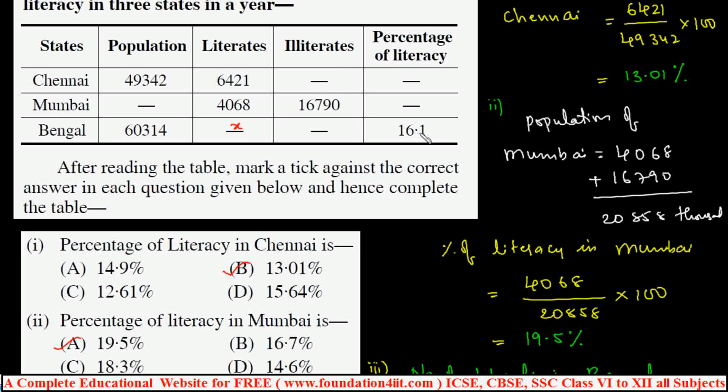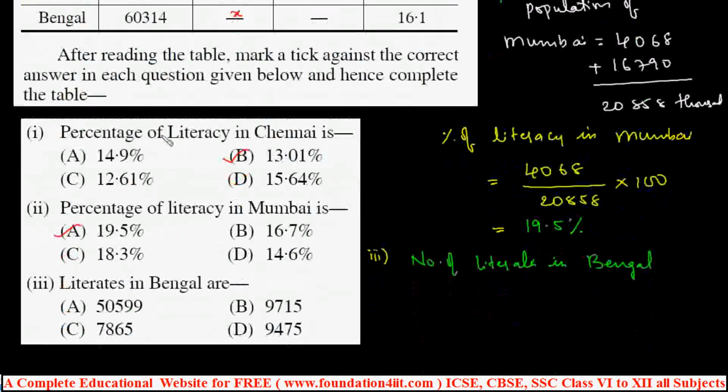So 16.1 percentage of 60,314 is literates. Okay, percentage of literacy is 16.1 out of this total. That means directly we can calculate like this. So we can write 16.1 percentage of total population, that is 60,314, is equal to the number of literates in Bengal. It is nothing but x, because I took x.